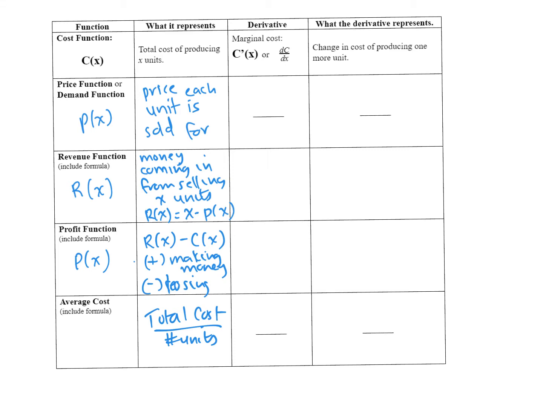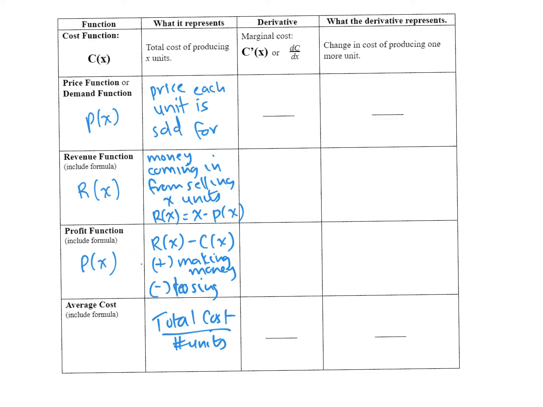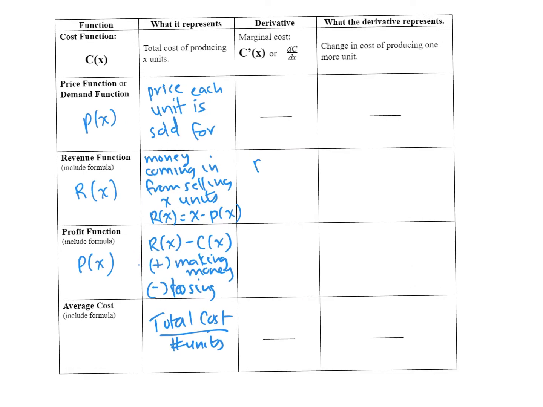The derivative of revenue is just R prime, marginal revenue. Marginal profit is just P prime. And what does that represent? It is the change in total revenue from selling one more unit.